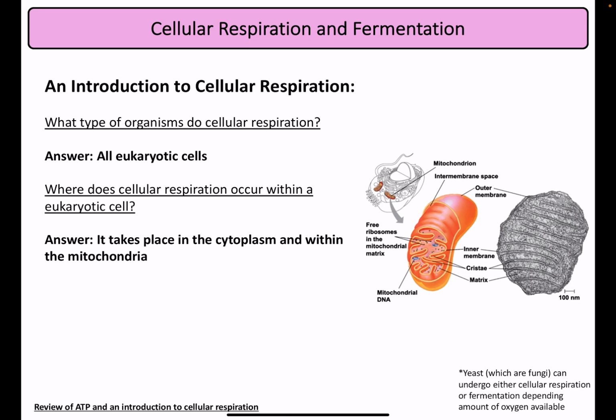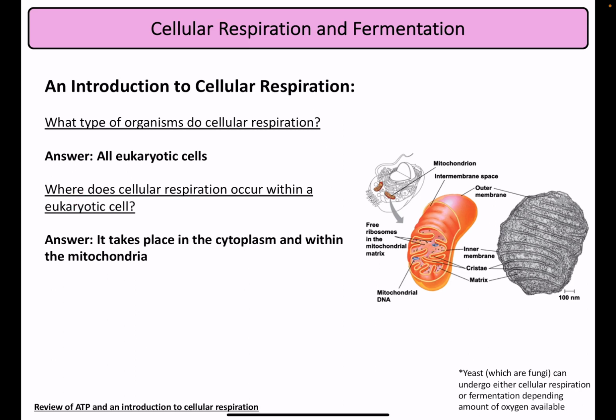The entire animal kingdom and all the cells that make up those organisms, all plants, all funguses like yeasts and mushrooms, and all single-cell protists and seaweed as well. Or you could just say, in a simple sense, all eukaryotic organisms.